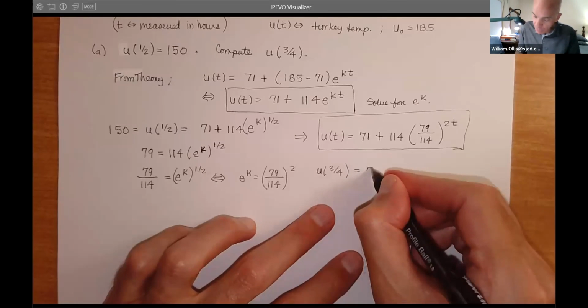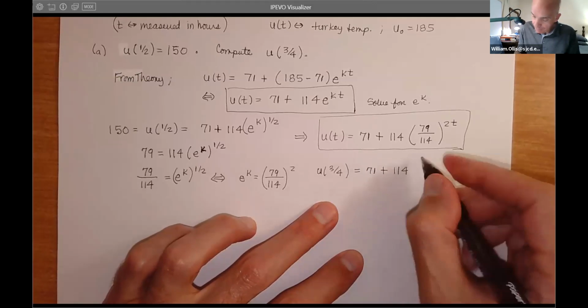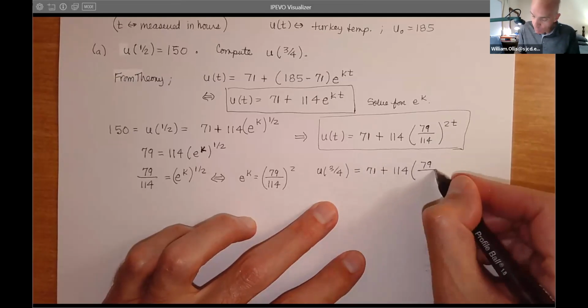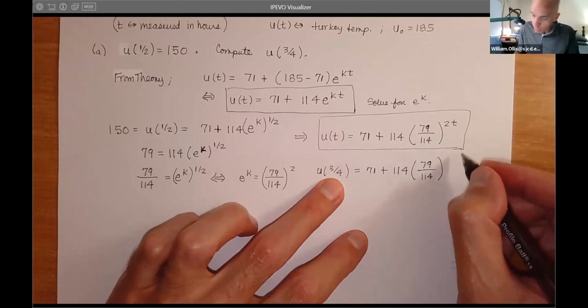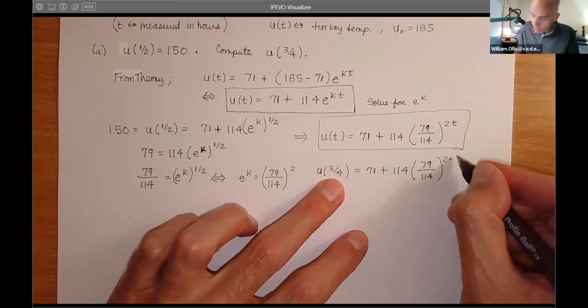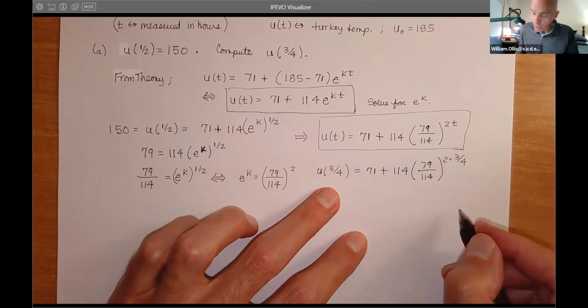So now u of 3/4 will just be 71 plus 114 times 79 over 114 to the 2 times 3/4. So the 2 will absorb into the 4 to give us a 2, so that'll give us a 3/2.